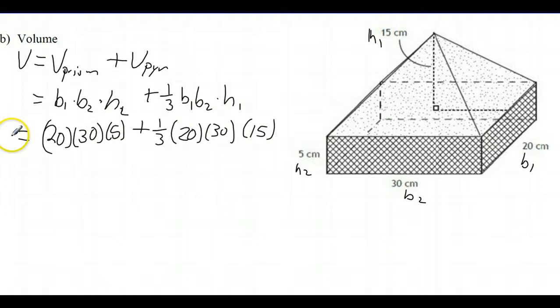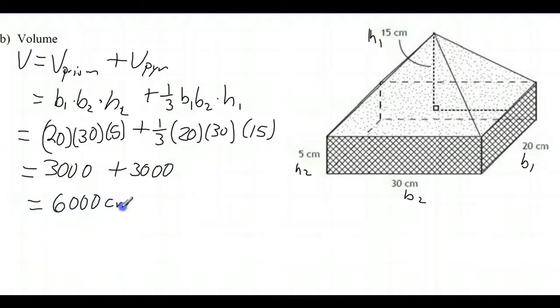You don't need a calculator here. 5 times 20 is 100, times 30 is 3,000. 1/3 of 30 is 10, 10 times 20 is 200, times 15 is 3,000. And we get 6,000 cubic centimeters.